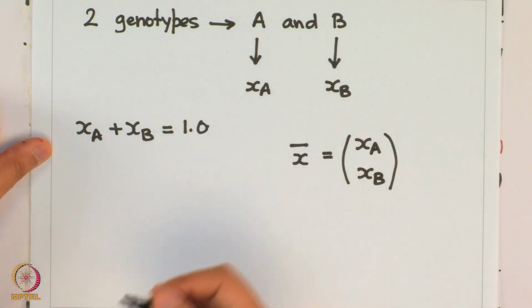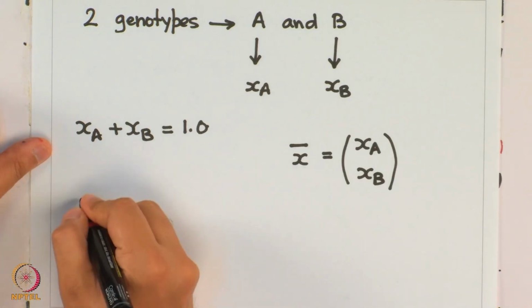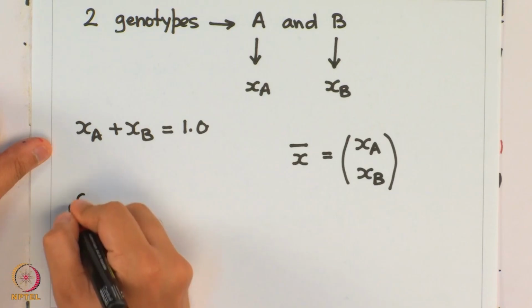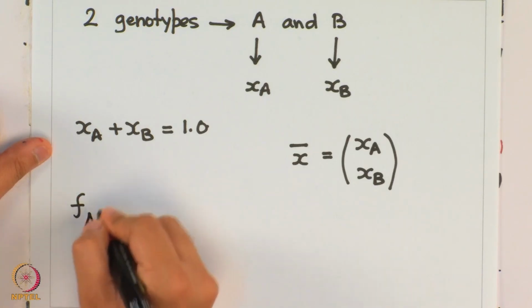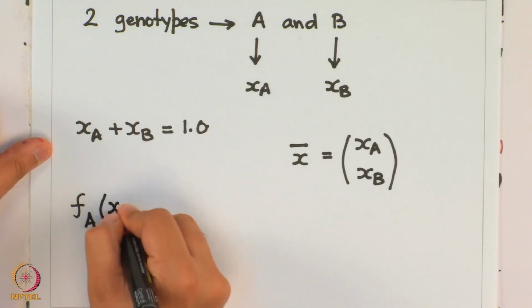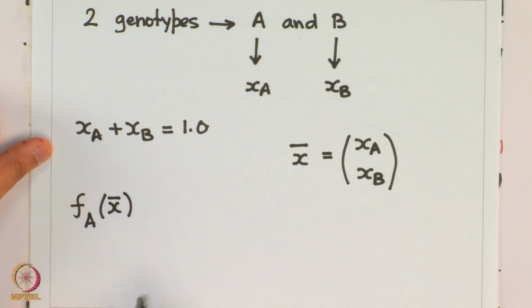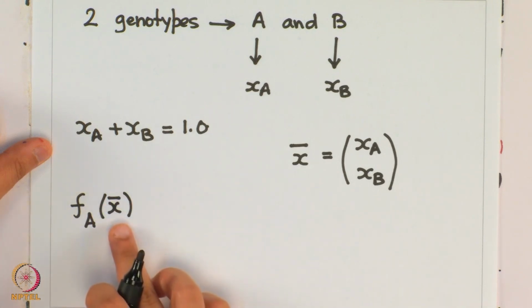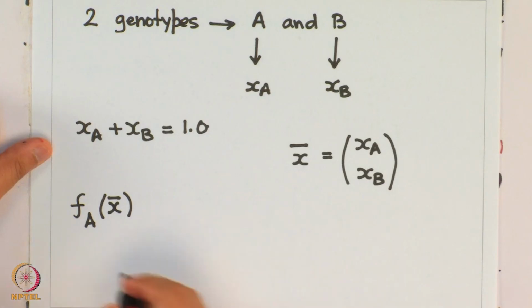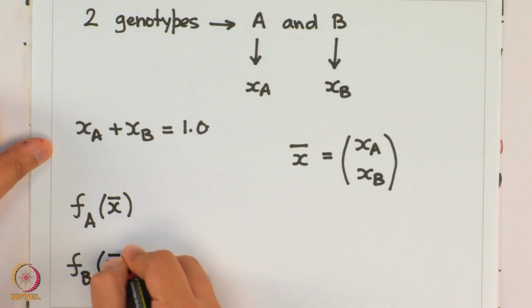Also, because fitness is now a concept which depends on frequencies and is not a constant, fitness of A is given by f A, but this is a variable which depends on the composition of the population, and composition is defined by the vector x. Similarly, fitness of B will be a variable quantity which depends on the vector x.